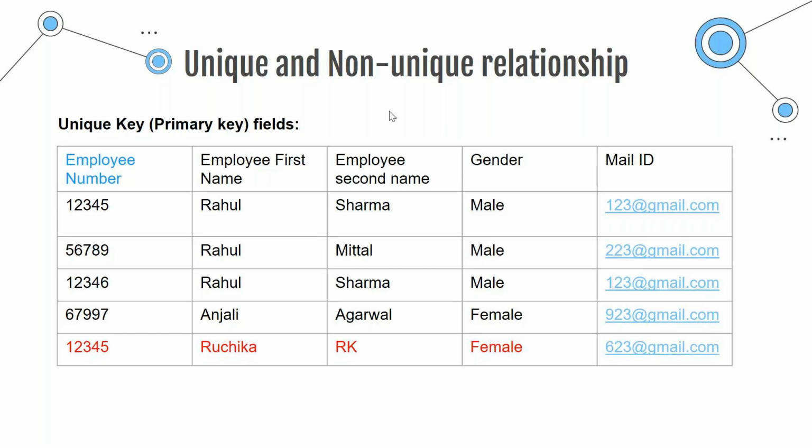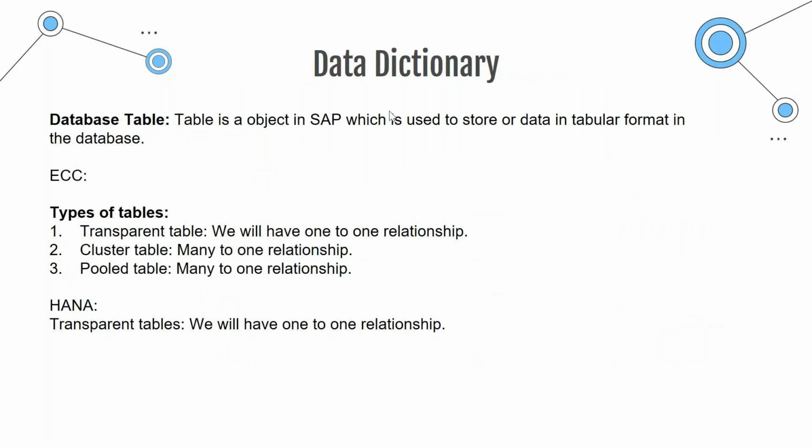These cluster and pooled table categories were there since way back in time, 20-25 years, but SAP felt that because of this category there are repercussions with the new HANA system. Why join so many tables at the database level itself when we can directly use transparent tables? There is no actual benefit of using cluster or pooled tables, so these were replaced with transparent tables.